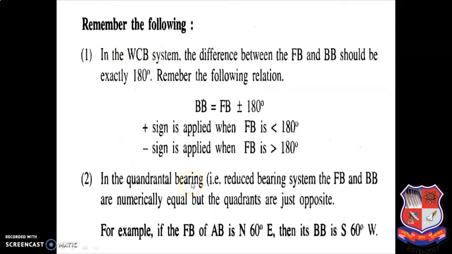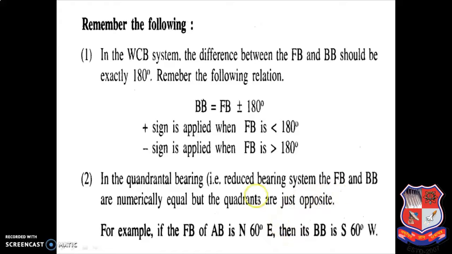In the quadrantal bearing system, the reduced bearing system, fore bearing and back bearing are numerically equal, but the quadrants are just opposite. For example, if the fore bearing of AB is given as north 60 degree east, then what will be the back bearing?